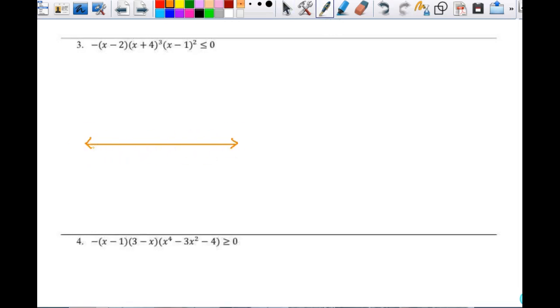All right, so my zeros are going to be -4, 1, and 2. So I'm going to graph these. -4, 1, and 2. And then this is less than or equal to, so these are solid.